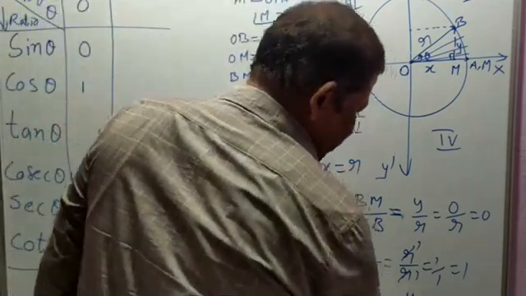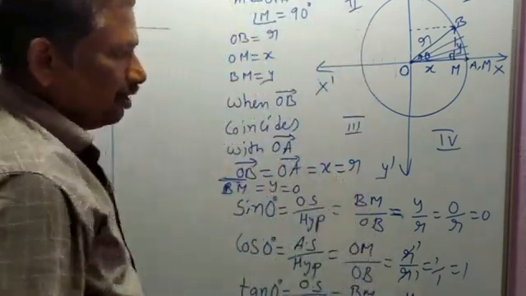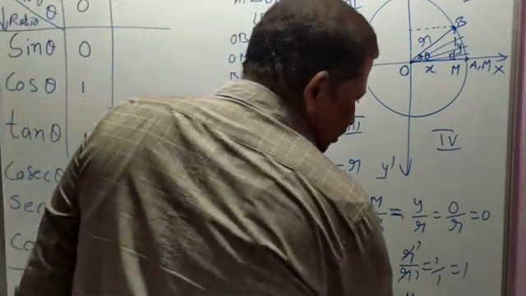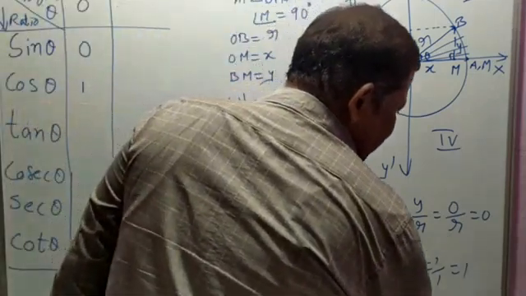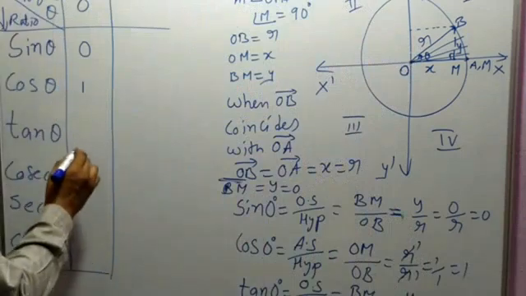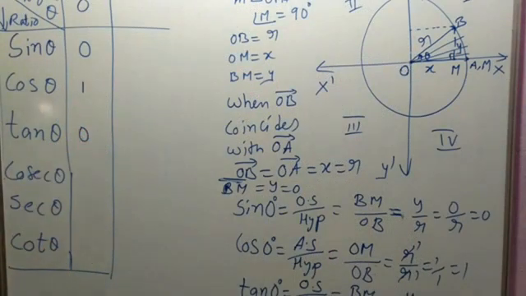So we get y by r, but y becomes 0, and 0 by anything is 0. So tan 0 degrees is 0.